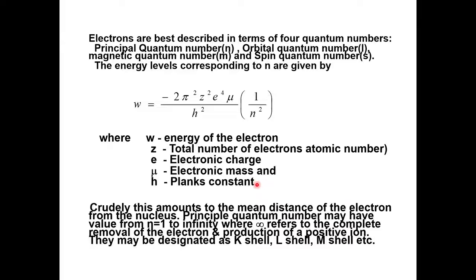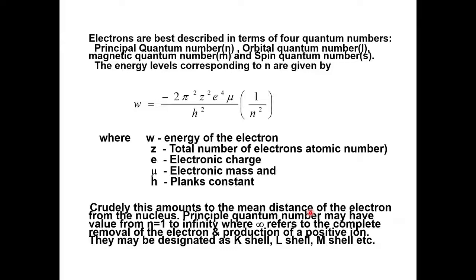Crudely, this amounts to the mean distance of the electron from the nucleus, the average distance. The principal quantum number may have values n from 1 to infinity, where infinity refers to the complete removal of the electron.